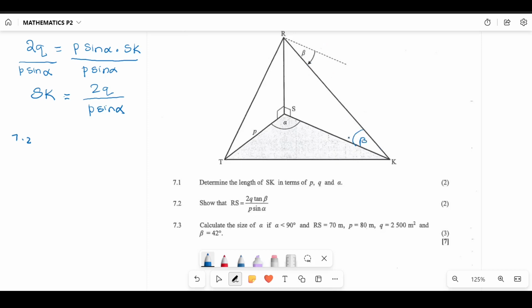These two angles are equal. The answer already gives an idea that in this triangle we apply the trig ratio tan. So tan beta is opposite over adjacent. That's where we start in 7.2.